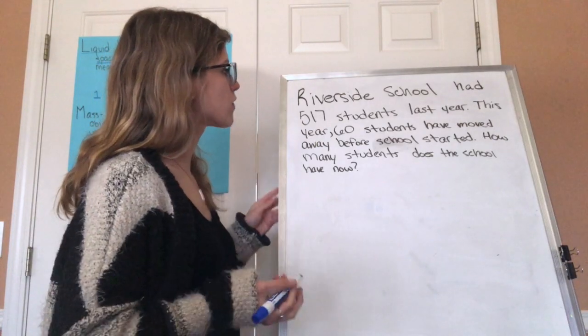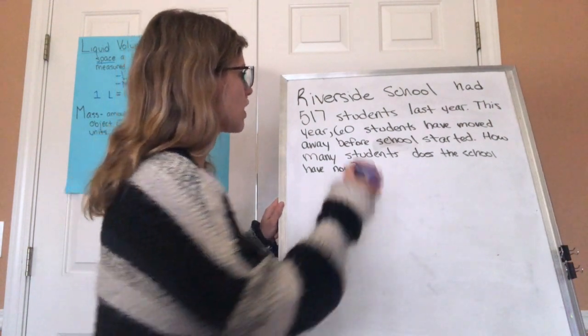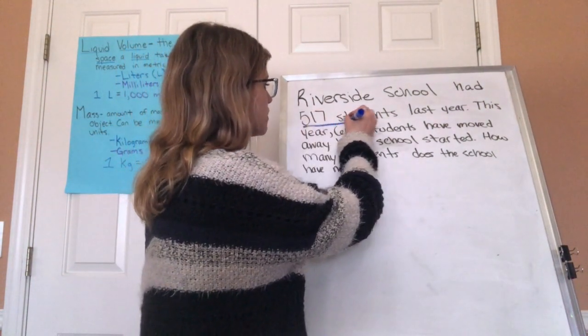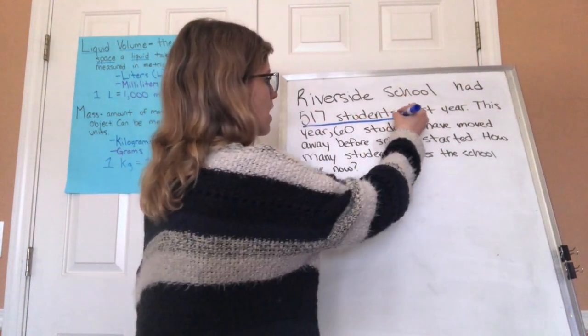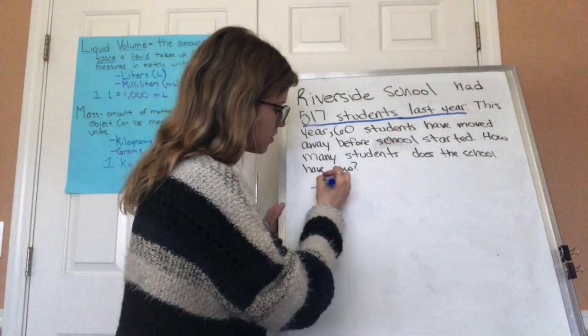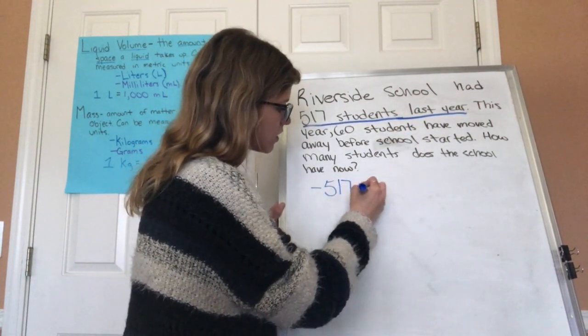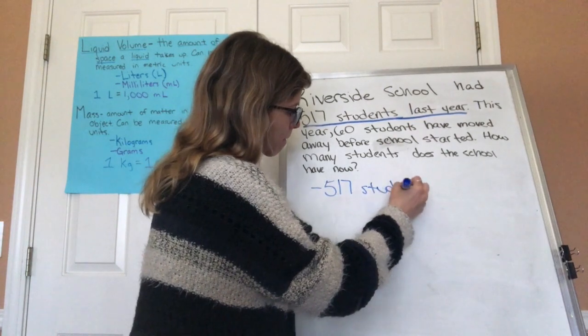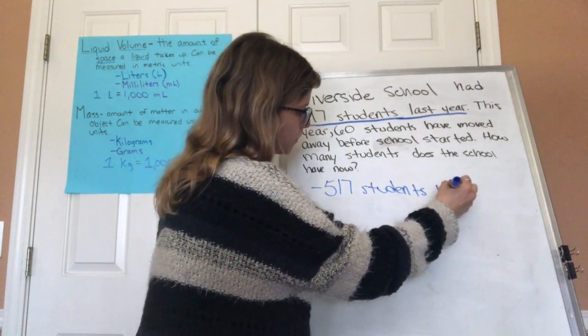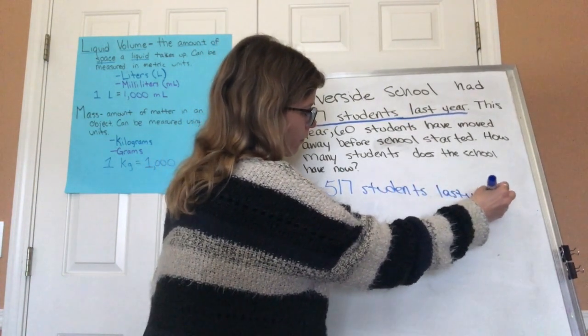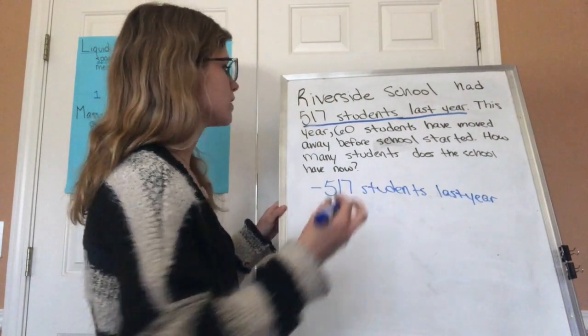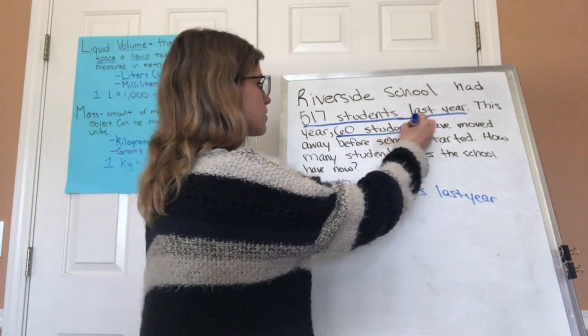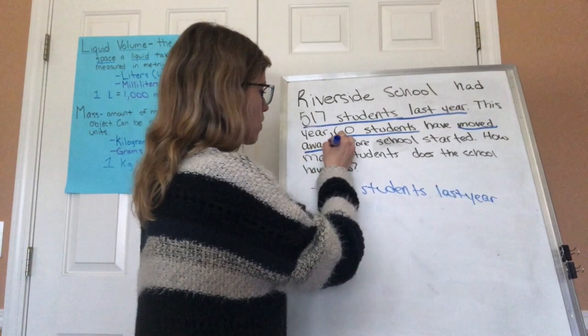So when I'm writing rules of this problem, I see that Riverside School had 517 students last year. So I'm going to write 517 students last year. This year, 60 students have moved away.